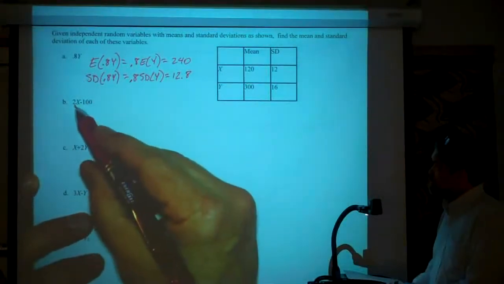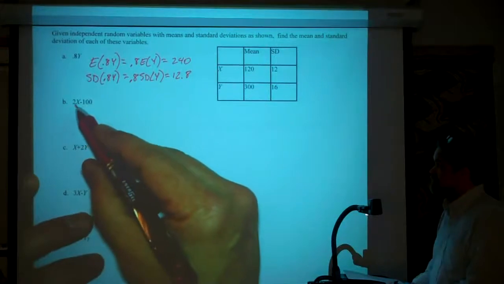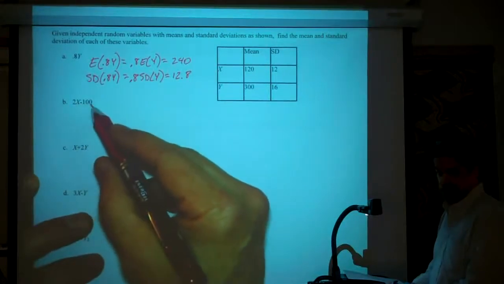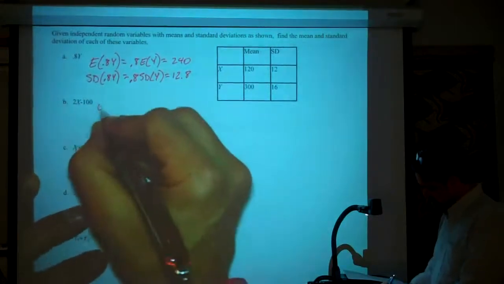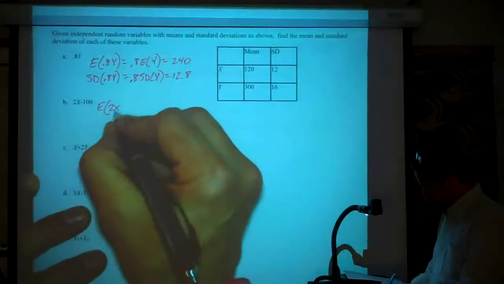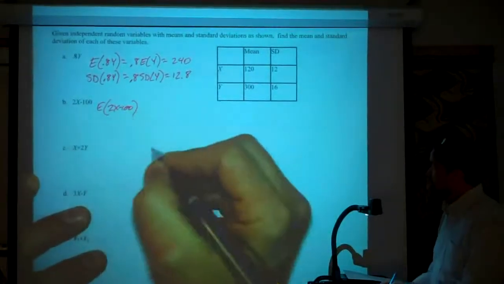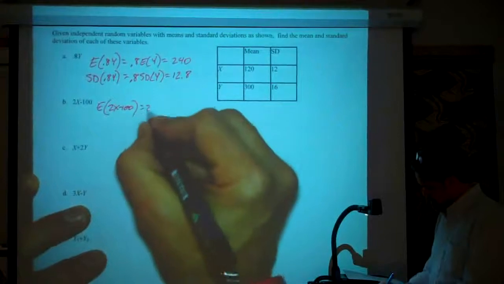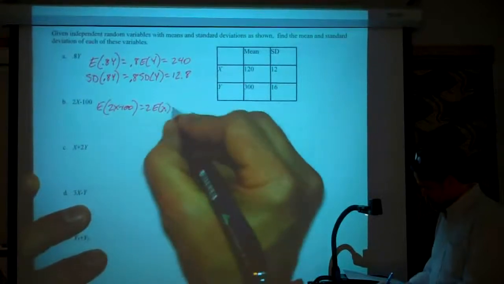Now, on the next one, we have 2x minus 100. We have a constant times a random variable minus a constant. So the expected value of 2x minus 100 is going to be 2 times the expected value of x minus 100.